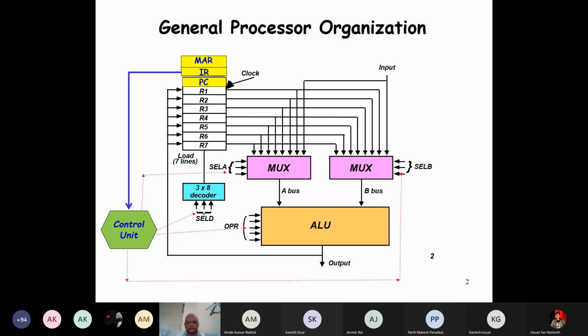As we know from the first class itself, both data and instruction are stored in the memory. The program counter contains the address of the instruction to be fetched, and the memory address register contains the address of the data to be fetched, if it is a memory data access like load, store, and so on.